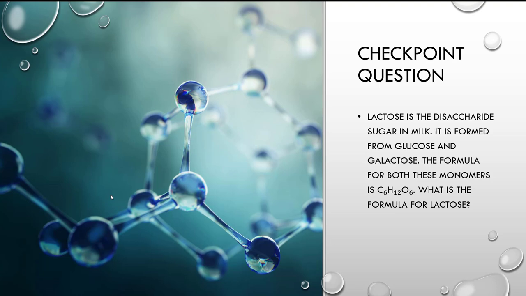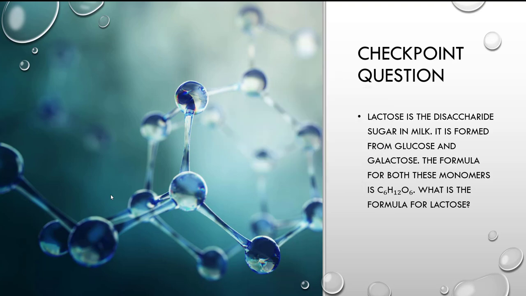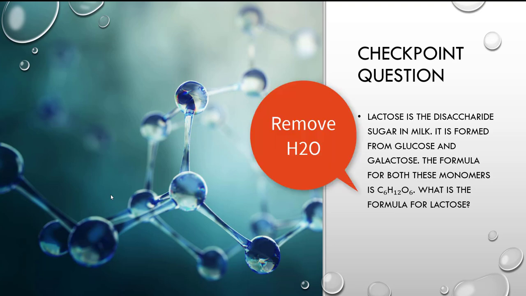So first of all, what type of reaction is that? That would be an example of a dehydration synthesis reaction. And in order for that to occur, water must be removed. So we simply need to double the number of carbons, hydrogens, and oxygens and subtract a water molecule. So lactose must be C12, H not 24, but 22 because of water.